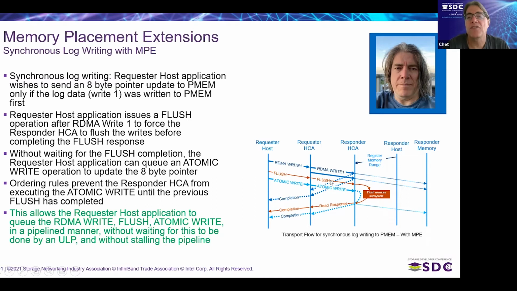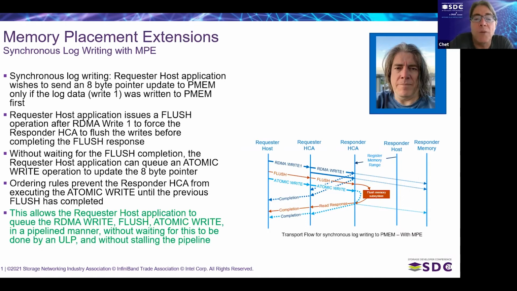And so if the flush command doesn't complete, or there's an error, a problem with it, the flush command will break the connection and the atomic write won't actually execute. The ordering rules prevent the responder HCA from executing the atomic write until the previous flush is completed. This allows the requester host application to queue the RDMA write, flush, atomic write in a pipelined manner without waiting for any intermediate completions to occur, right?